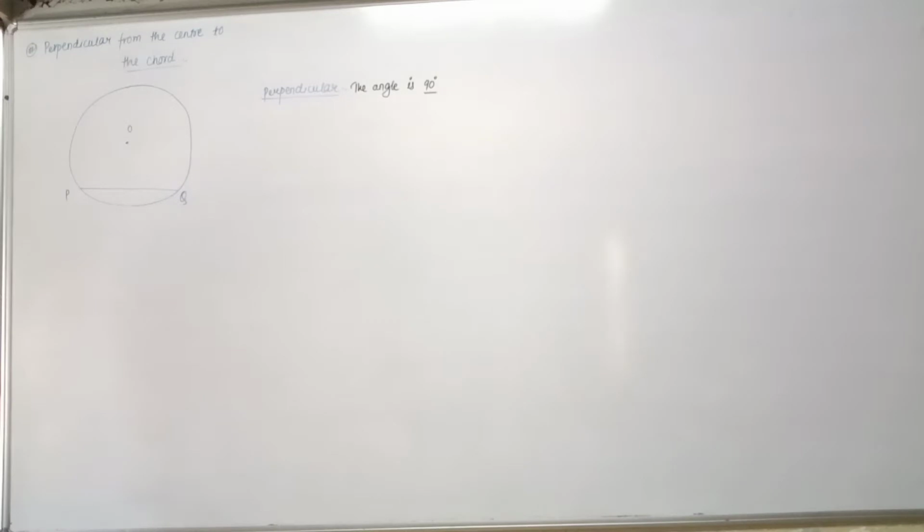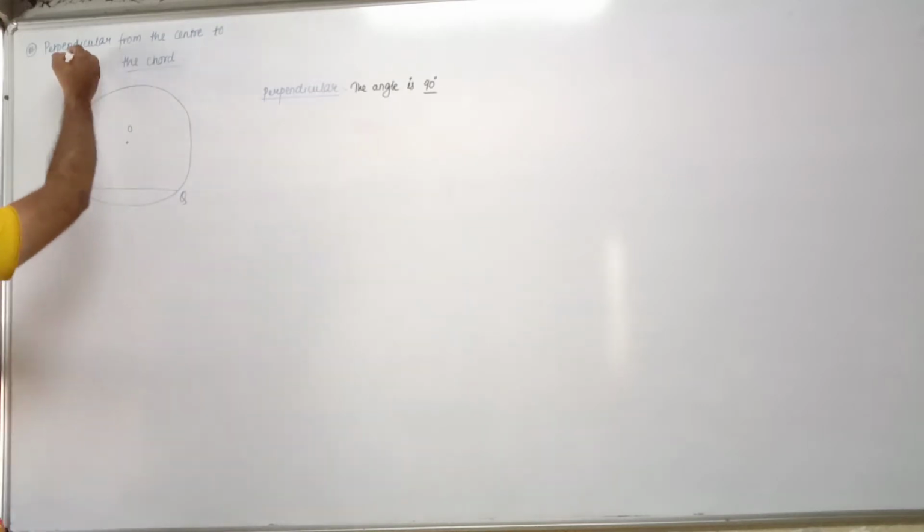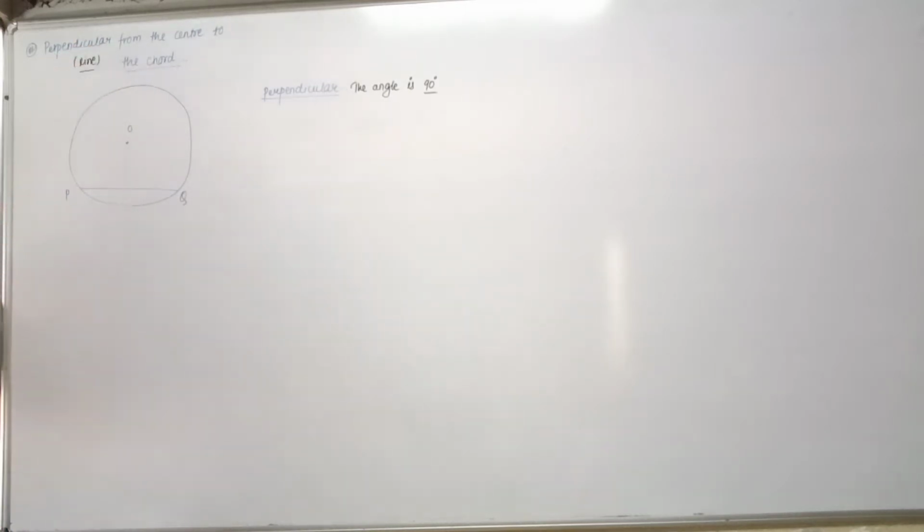Okay, here we are going to see about the perpendicular line. Perpendicular from the center, that means a perpendicular line from the center of a circle to the chord of the circle.